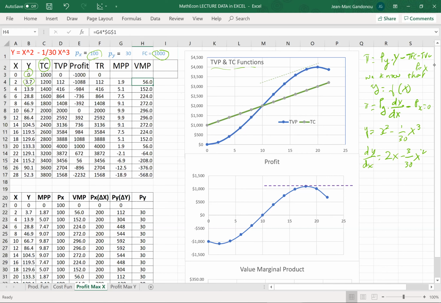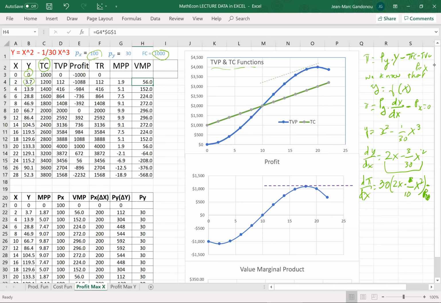So we replace the values. The derivative of profit is going to be equal to 30, which is the price of y, times the marginal physical product, which is 2x minus 1 divided by 10 x squared, and minus px. Oh, sorry, minus 100.